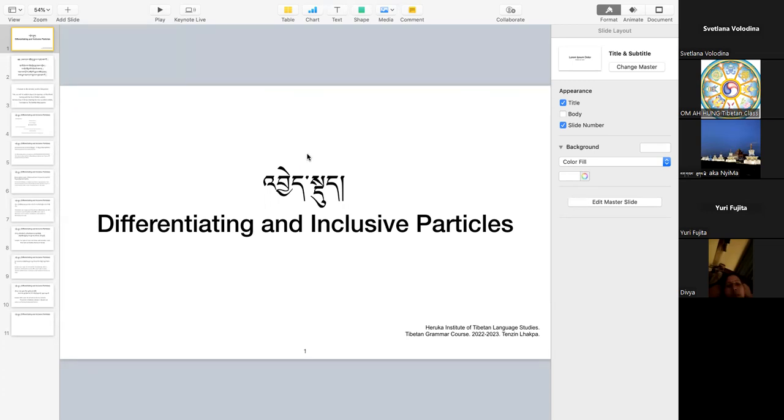Today we're going to begin with a brand new dependent particle. Currently we are just going through the dependent particles. Let me repeat the definition of a dependent particle.